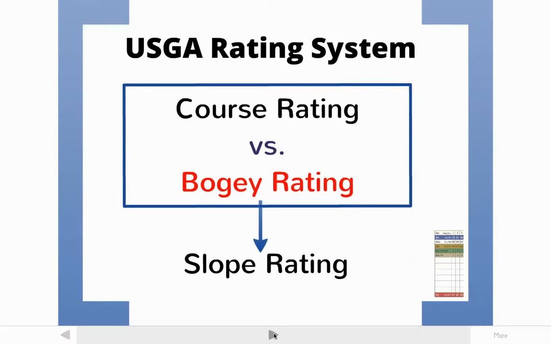If you look at the USGA rating system, essentially they come up with a course rating, they come up with a bogey rating, and the difference between those two gets used to calculate what's called a slope rating.